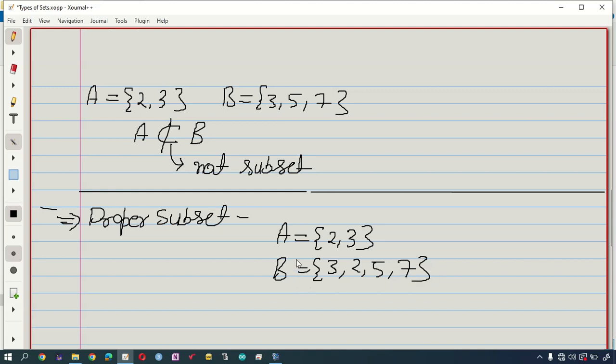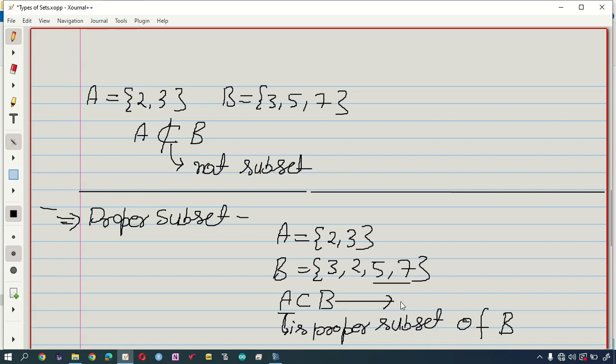So here you can say that A is a proper subset of B because B contains at least one element, actually here it contains two elements, which are not in A. So you can say that A is a proper subset of B and B is called a superset of A.